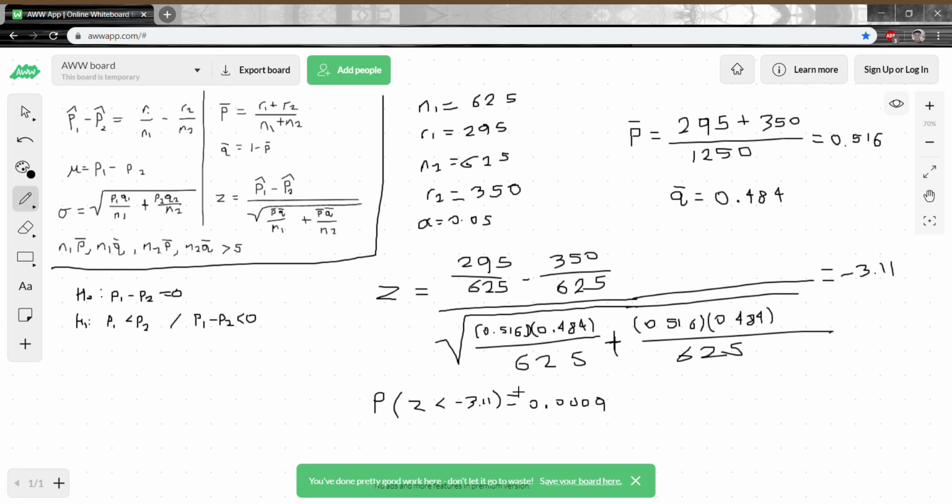Now that we've calculated a p-value, we do the same thing that we've always done. We conclude the test by comparing the p-value to alpha. The p-value here is much smaller than our alpha value, and that means we reject the null hypothesis.